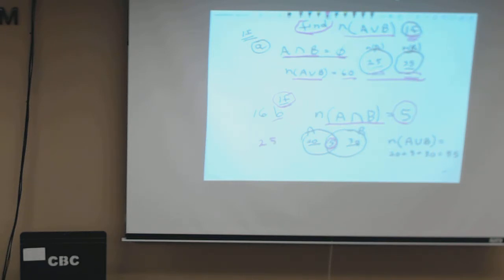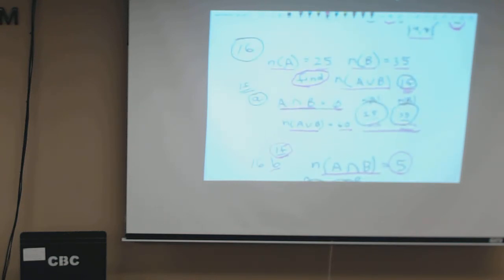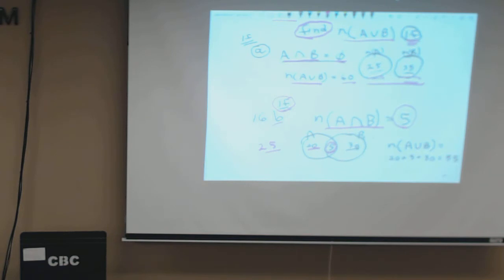Agreed? Well, if 5 are here, then how many go out here? 20 to make the 25. And how many elements were in B? 35. But if 5 are in here, then how many go out here? 30. Everybody follow what we're doing?